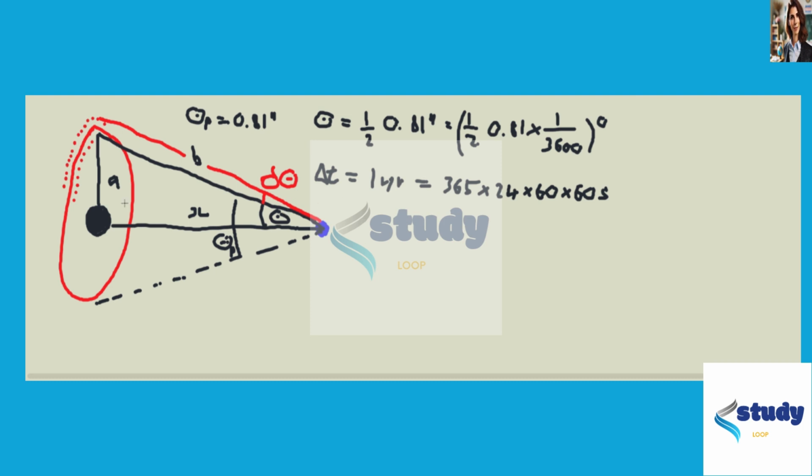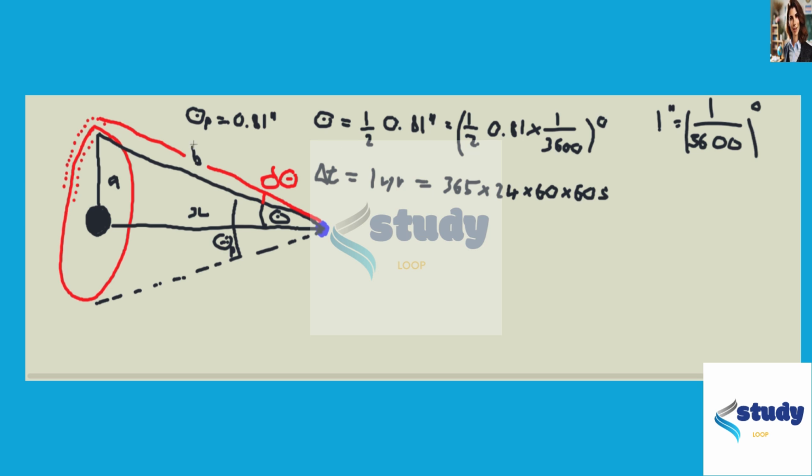We're also told that the angular size of the ring is 81 arc seconds, and 1 arc second is just 1/3600th of a degree. So that's the conversion that we're going to use.